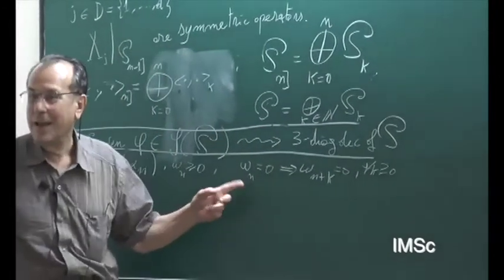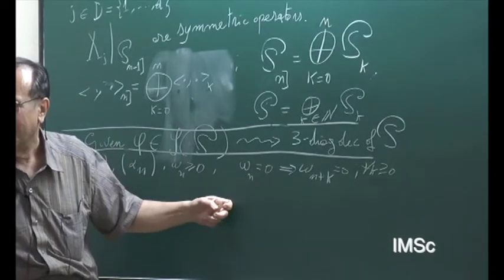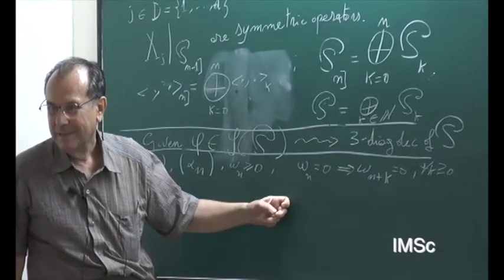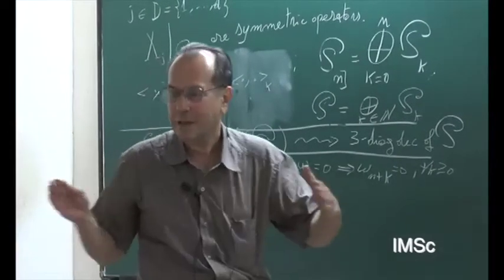This is the one-dimensional seed, the root of the preservation of the zero norm vectors. In the one-dimensional case, this is exactly the condition that the creation operator preserves, in this case annihilation, the zero norm vector.